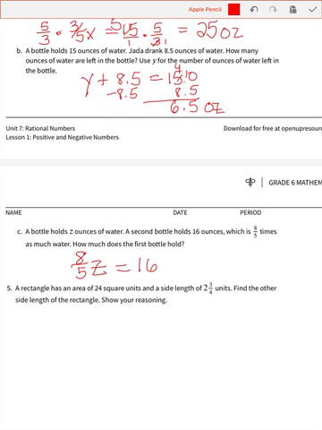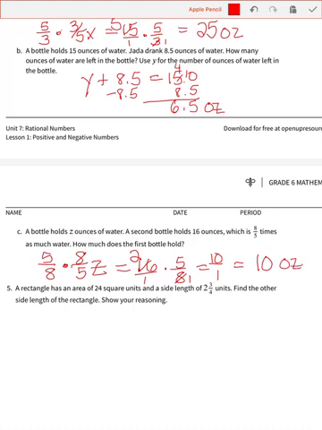So we're going to solve for Z, we're going to multiply by the reciprocal. And this we can divide in there. You get 10 ounces.